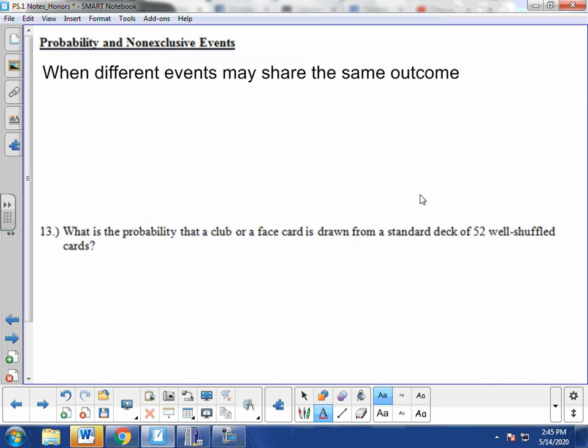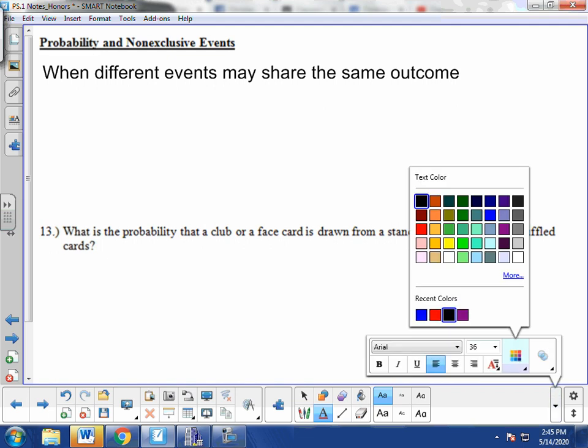So for example, let's say I choose, out of any given class, let's say any Algebra 2 class, I want to find the probability that I select, I don't know, 1 student, and that student is either a sophomore or a junior. Pretty high probability, but these would be non-exclusive events because it's basically an or situation. You could be one or the other.